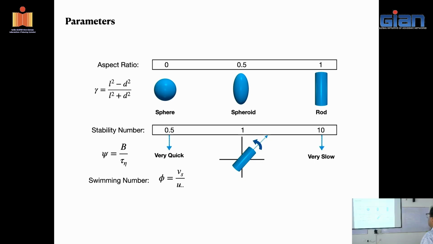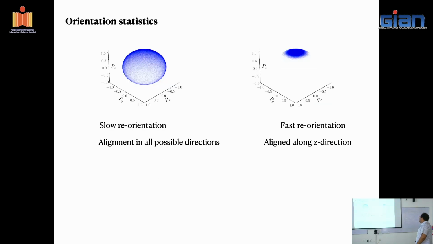So different aspect ratio: gamma is 0 for a sphere, 0.5 for a spheroid, 1 for a rod, and I also consider different stability numbers, a measure of the reorientation time, how long it takes to reorient. Fine, and I will just end with this, even though it's not the full set of results.